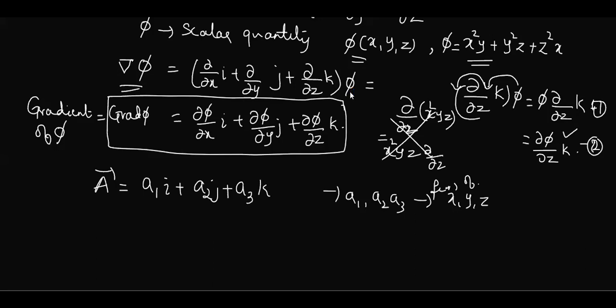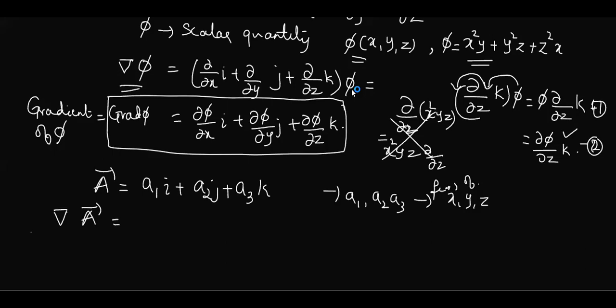Okay, now I'll take this del and operate it on A. Now here I cannot write directly like this because I'm finding a product. Tell me, is del a vector or a scalar? Vector. And A bar is again a vector. So when you find the product of two vectors, which product do you have to find?